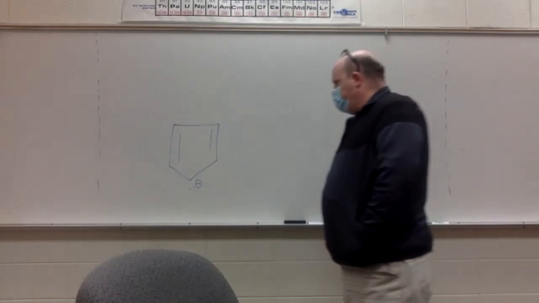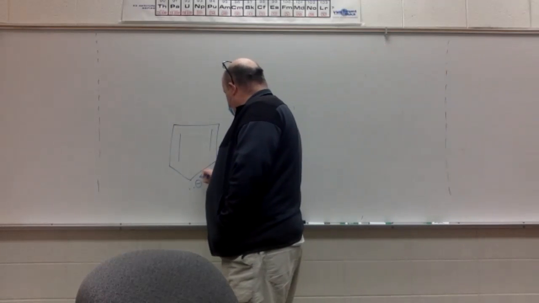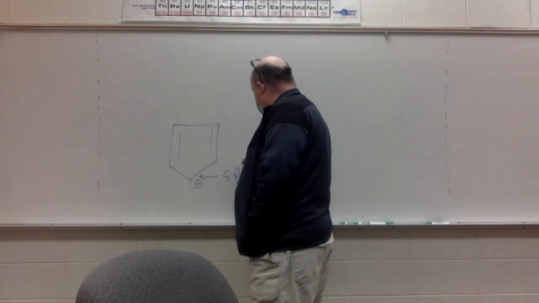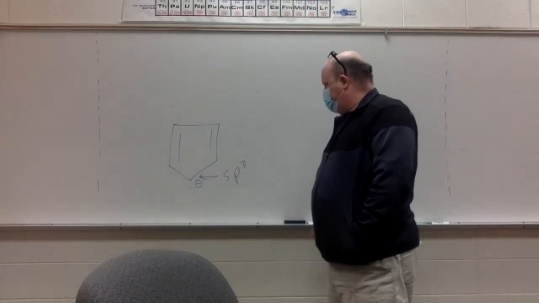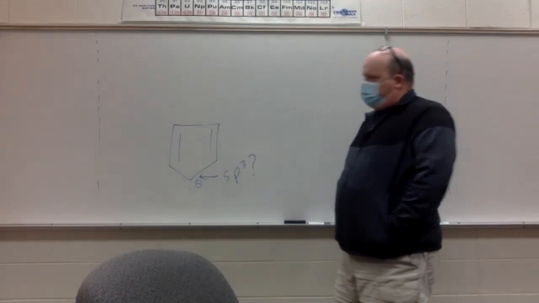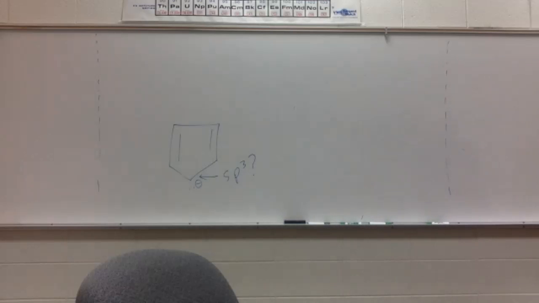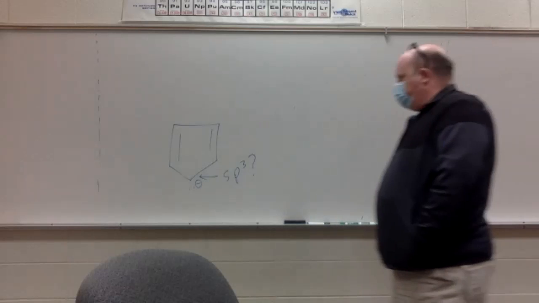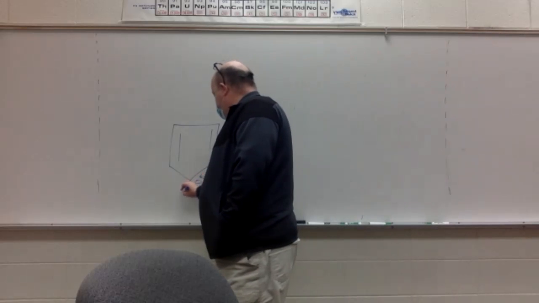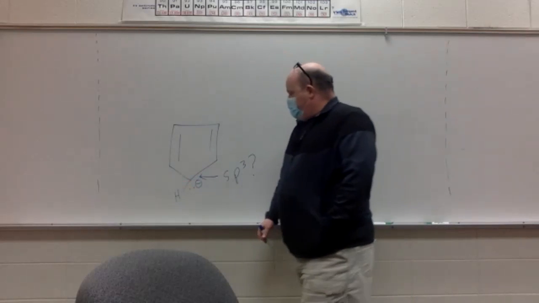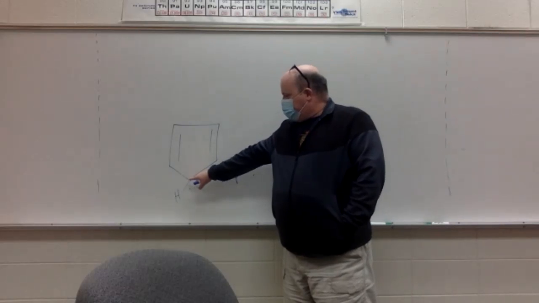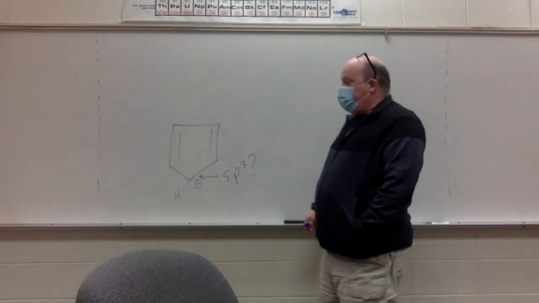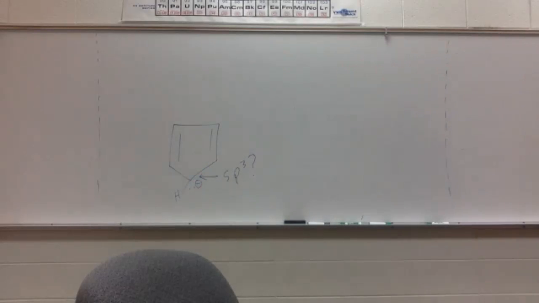SP3? Looks like it, doesn't it? It does have another hydrogen out here. You have 3 bonded atoms, so that's 3 groups, and then you have an unshared pair. So that's 4. That corresponds to sp3.